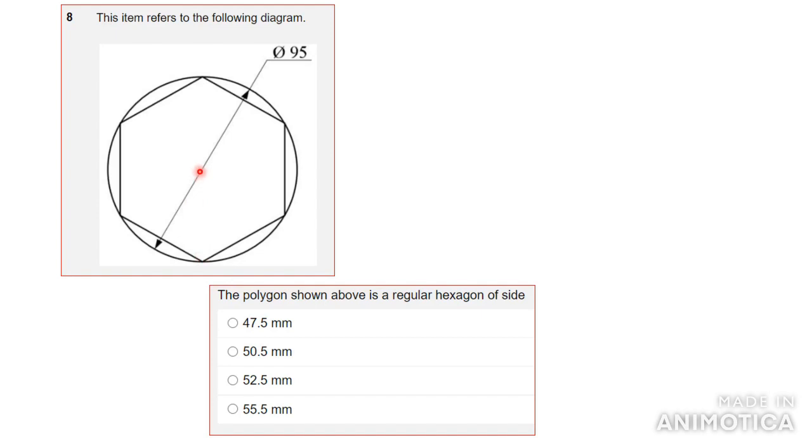So in a hexagon, once you know half of the diameter, which is half of 95 as shown here for this instance, you would know the length of the side. So half of the diameter is 47.5 if you divide 95 into 2. So 47.5 would be the length of the side.